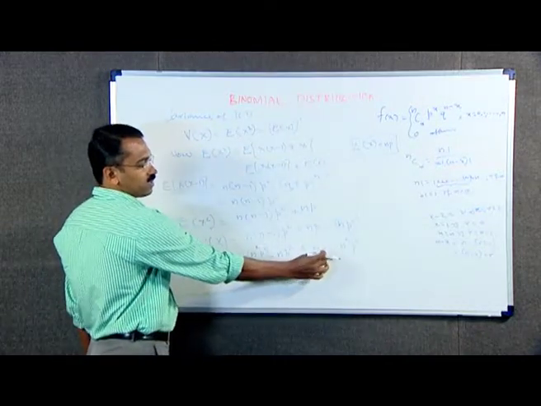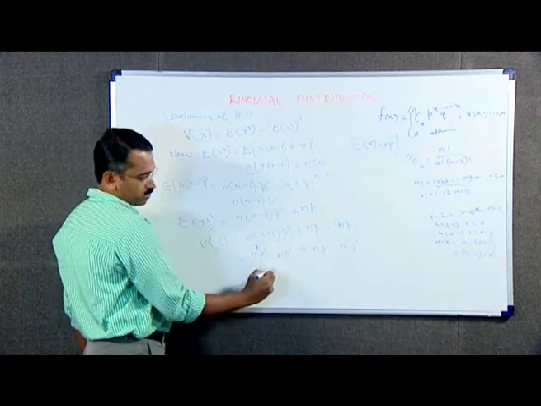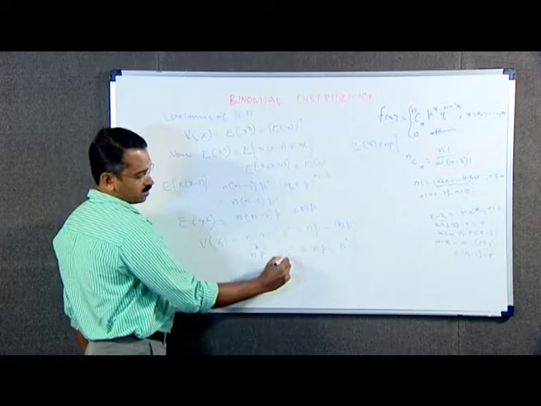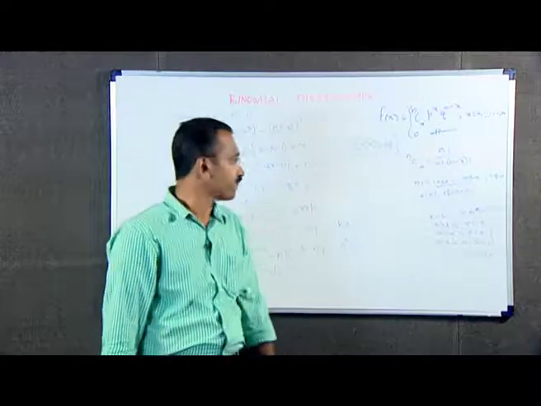Here we can take np in common, therefore, this is equal to np into 1 minus p, that is np into 1 minus p.